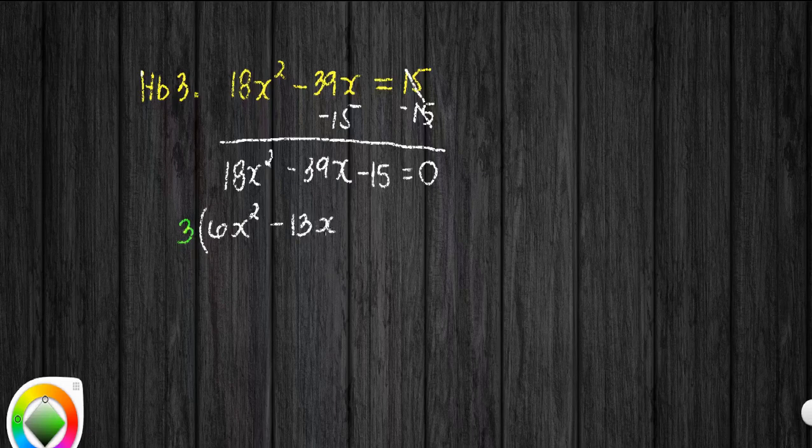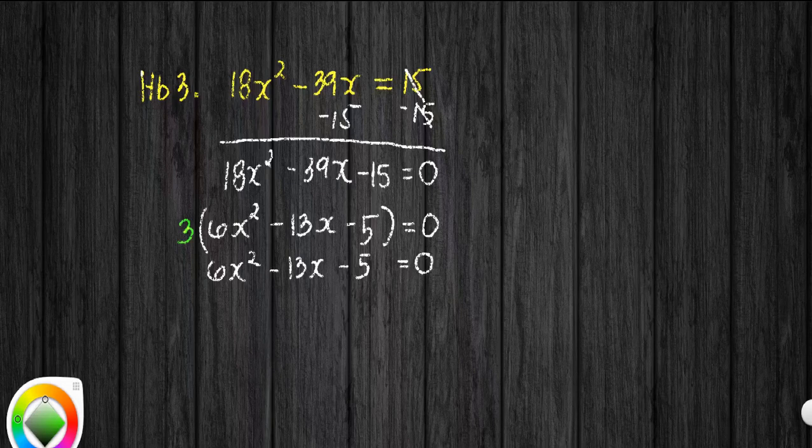Negative 15 divided by 3 is negative 5 only. And that is equal to 0. The 3 is removed when we divide both sides. So the remaining equation is 6x squared minus 13x minus 5 equals 0. Okay, the 3 is gone.